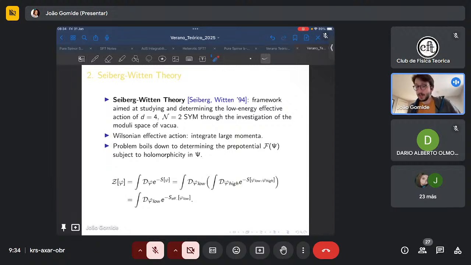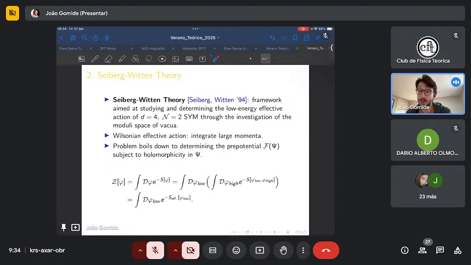And the key here will be to investigate the space of vacua of the theory.